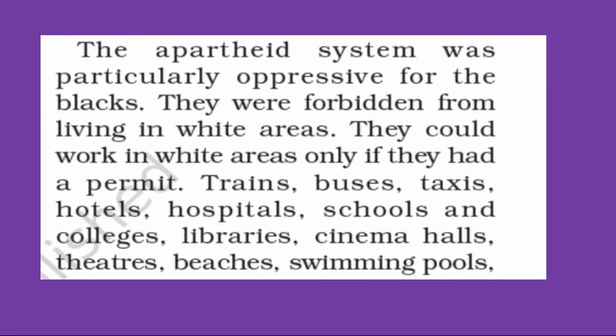The apartheid system was particularly oppressive for the blacks. They were forbidden from living in the white areas. They could work in white areas only if they had a permit.